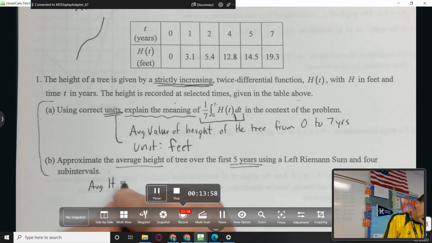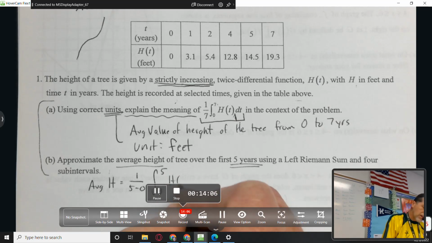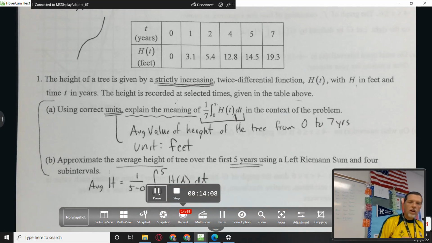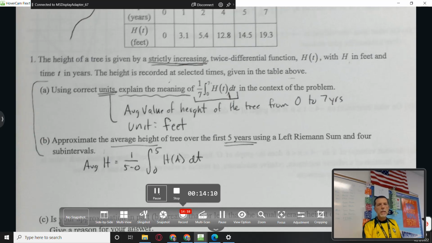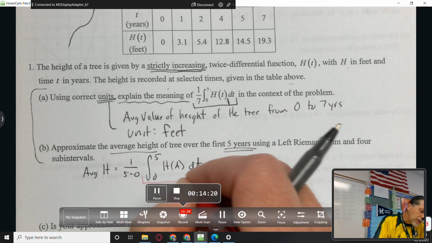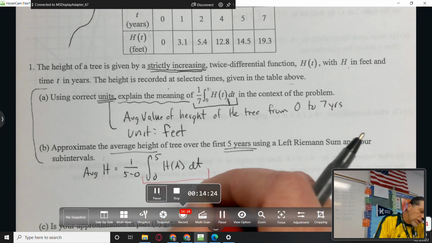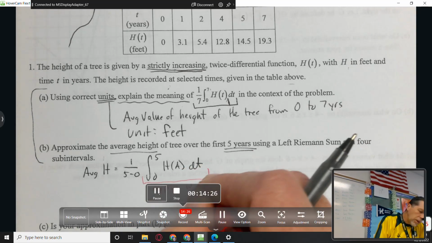So average height would be 1 over 5 minus 0, integral 0 to 5 of the height. Now, we don't have a function that we could antiderivative, but we have a table that we could approximate with a Riemann sum.